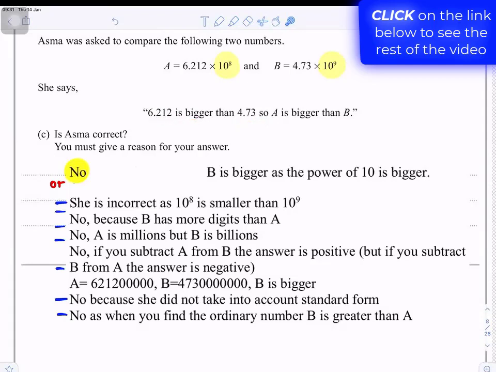You must give a reason for your answer. Asma is wrong. The answer is no, she's not correct. B is bigger as the power of 10 is bigger. The power of 10 for B is 10 to the 9. The power of 10 for A is 10 to the 8. So B is bigger. Or you can say she is incorrect as 10 to the 8 is smaller than 10 to the 9.